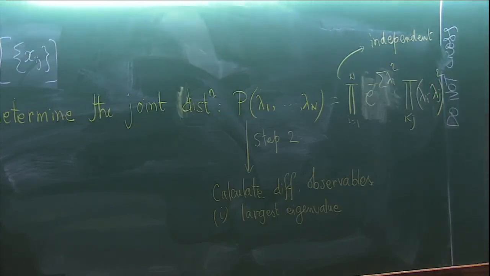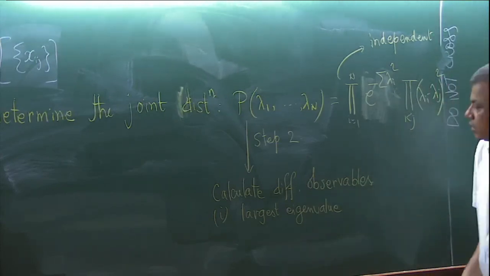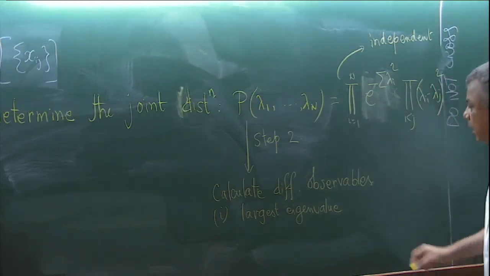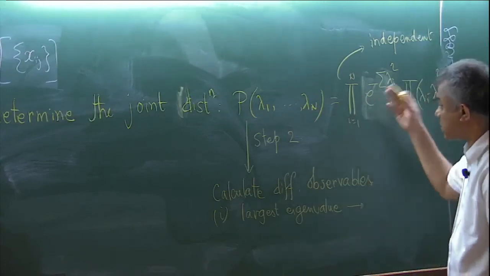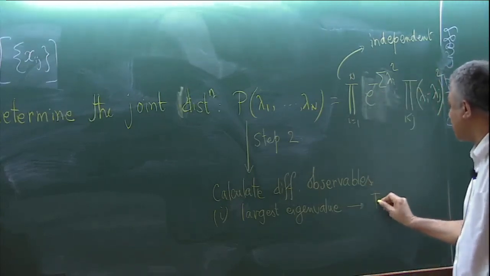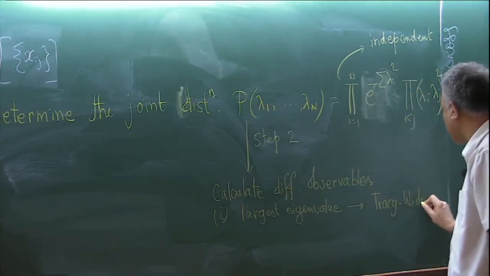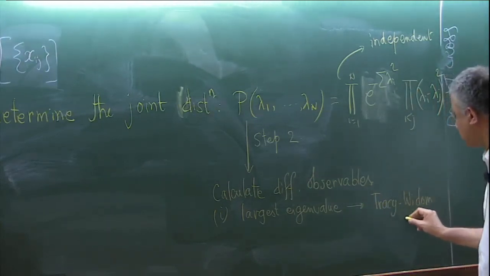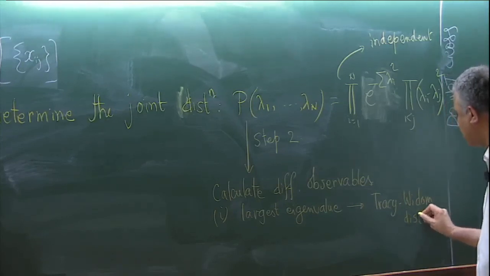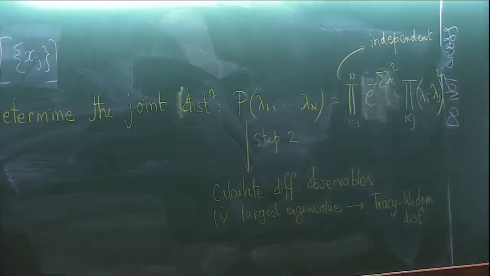So the strong correlations between different random variables make the extreme value problem very hard. In this particular case, it's known, and we'll see, that it's something called the Tracy-Widom distribution, which is another very famous distribution which has appeared in many, many different problems.